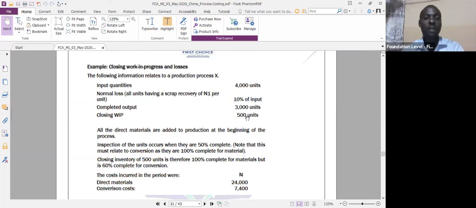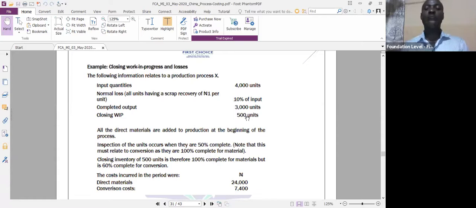So these are some of the things we are seeing here now. It says here, closing work in progress and losses. The following information relates to a production process X. We have input quantities of 4,000 units. Normal losses, all of them having a scrap value of 1 naira per unit, is 10% of input.